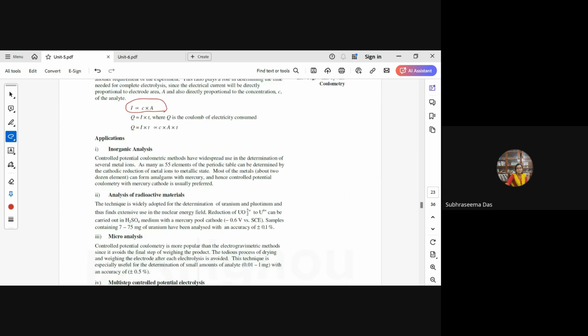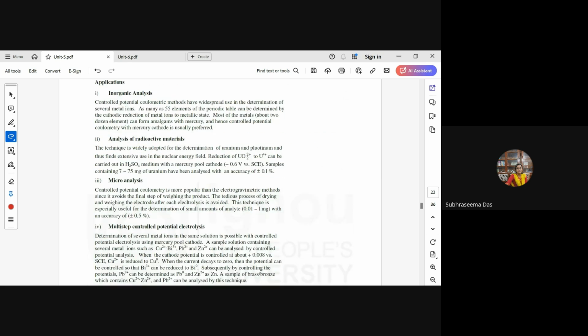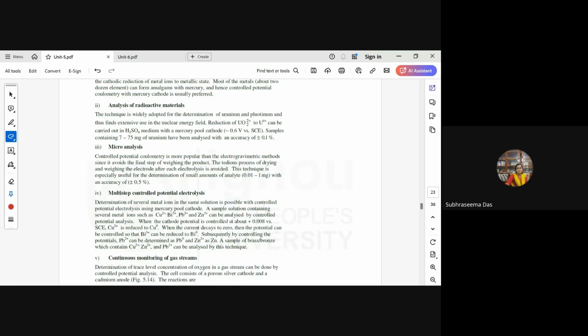The various applications of controlled potential coulometric analysis are in inorganic chemistry. As many as 55 elements can be determined by these processes. It is also widely used in the analysis of radioactive elements. It has been used in microanalysis, for the determination of very minute quantities of analytes.